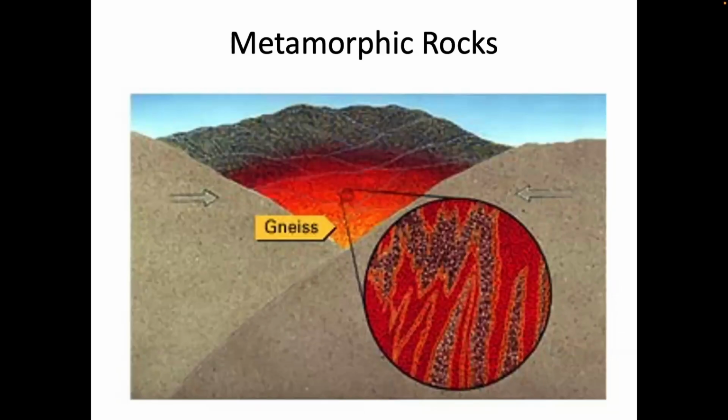All right, metamorphic rocks. When you take a sedimentary rock or an igneous rock, then subject it to the forces of mountain building, right? Who can remind me of the term for the building process of a mountain range? It is a process of uplift, but it has a very specific term. Anybody else?